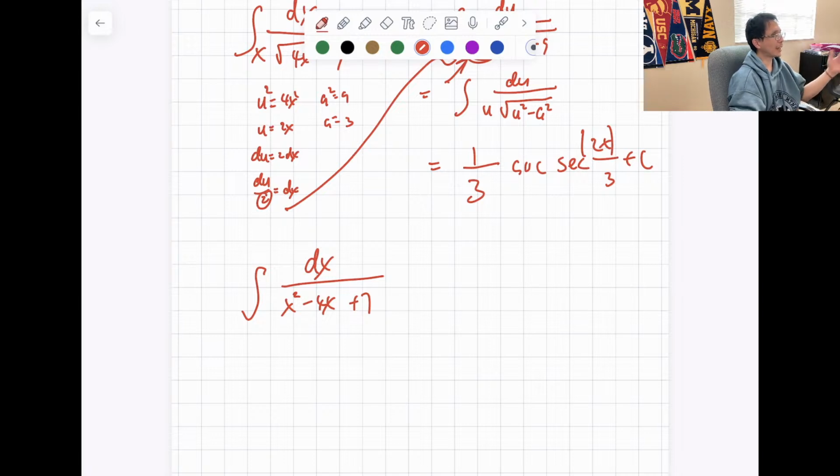You're on the right track, but you cannot factor that because x squared minus 4x plus 7 is not factorable. No. But you could be on the right track, depending on if you know the origin of the quadratic.